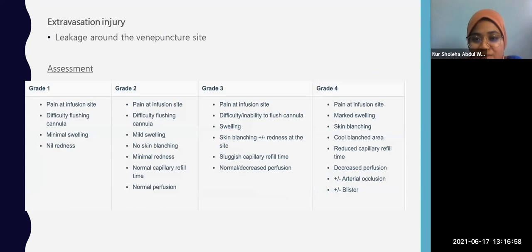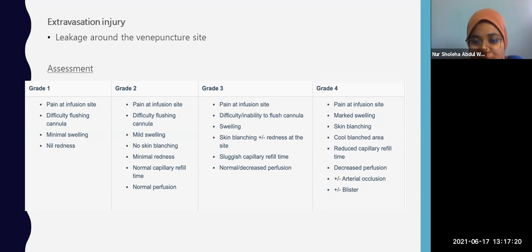Next slide is about the extravasation injury. Okay, what is extravasation injury? Extravasation injury is the leakage around the venipuncture site. We need to assess it and we need to grade the injury. The extravasation injury can be divided into 4 grades.